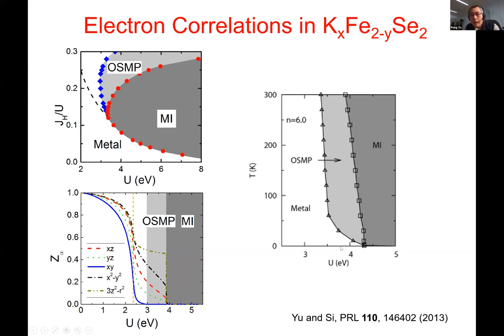We also find that for this potassium iron selenide system, the orbital selective Mott phase can be induced by increasing the temperature, going from a bad metal phase to this orbital selective Mott phase. And this is also seen by the ARPES experiment.